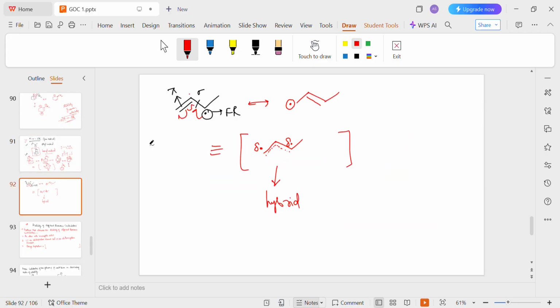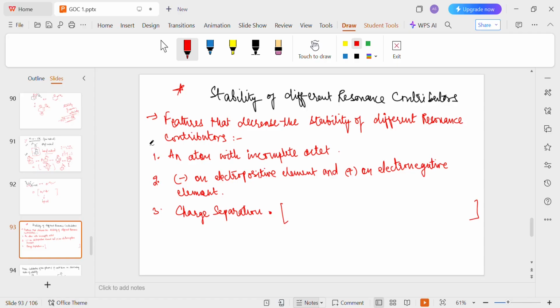Now we have to take another topic which is really important in the resonance process, which deals with stability of different resonance contributors. Different resonance contributors have different stabilities. The study of stability of different resonance contributors is important, and I'll tell you why it is important in the next few slides.